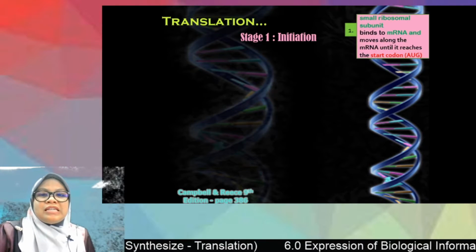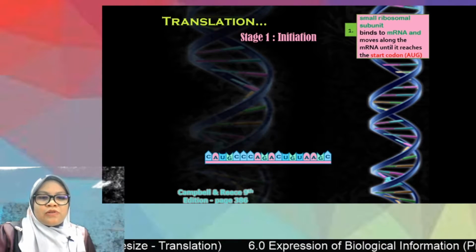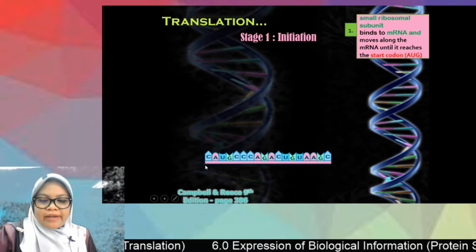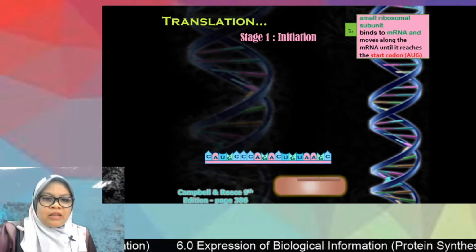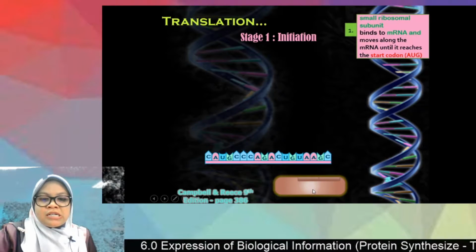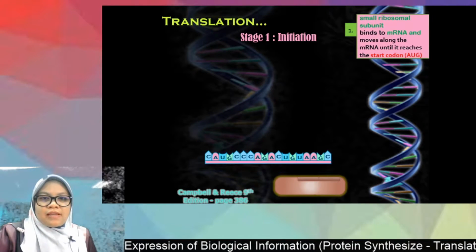First is initiation. Here is the mRNA, then here is the small ribosomal subunit.